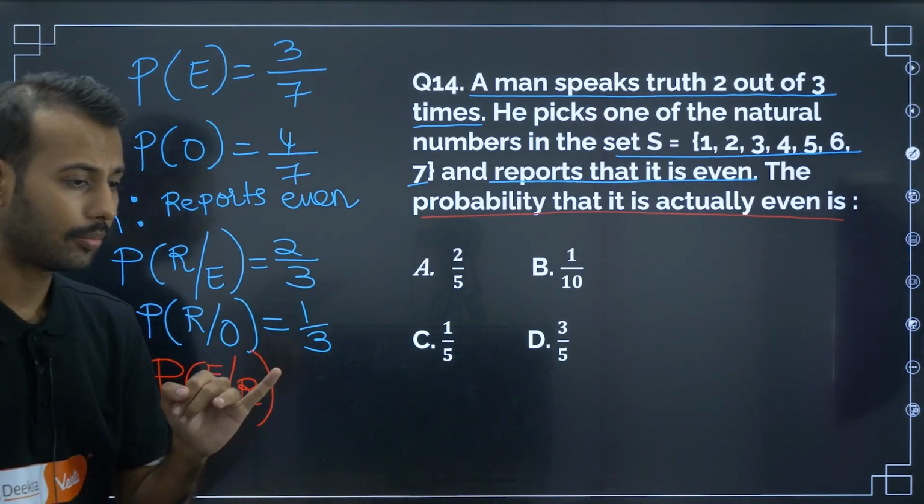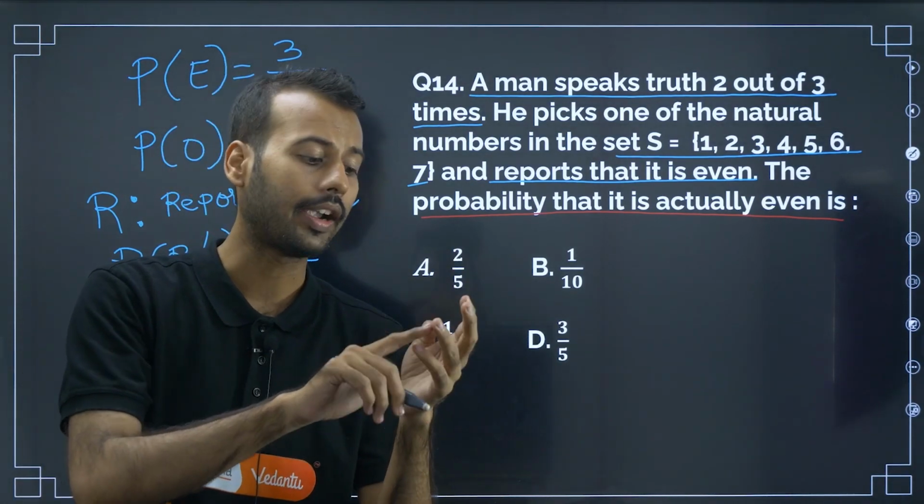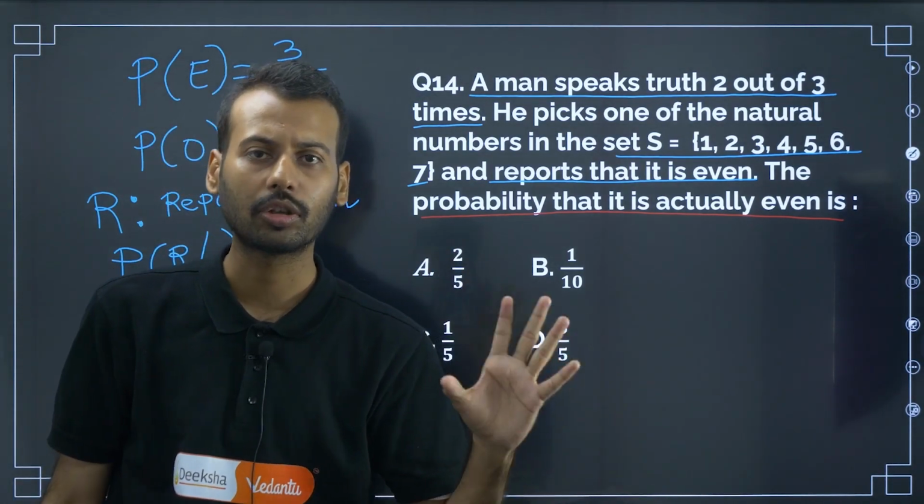Bayes theorem is very important. What are all the important things? Conditional probability, Bayes theorem, total probability theorem and Bernoulli trials. These are the most important.